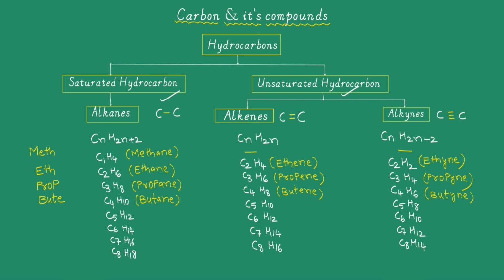Similarly, if there are 5 carbons, we name it pent. The prefix will be pent, and the alkane will be pentane, and the alkene is pentene, and the alkyne is pentyne.